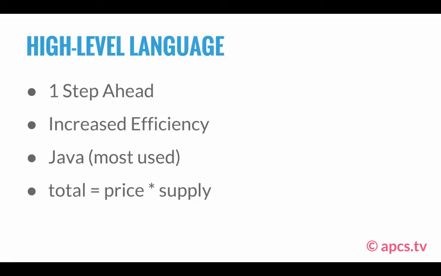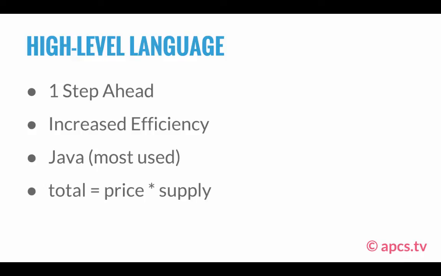High-level language is one step ahead of machine and assembly language because you can accomplish a lot more in one line. High-level language has English keywords just like assembly language, but it also increases a programmer's efficiency. One drawback of assembly language is that it requires a lot of statements for simple operations, but high-level language takes care of that.